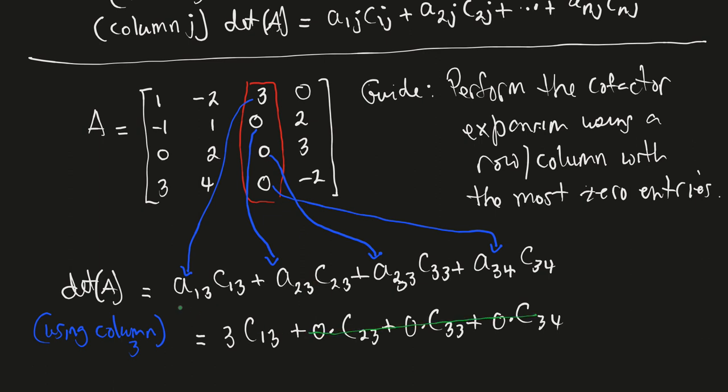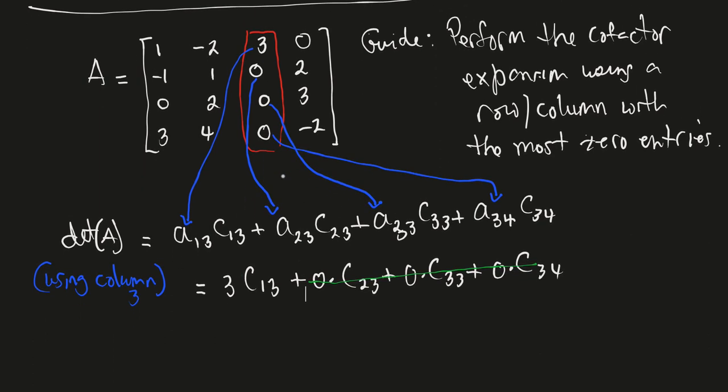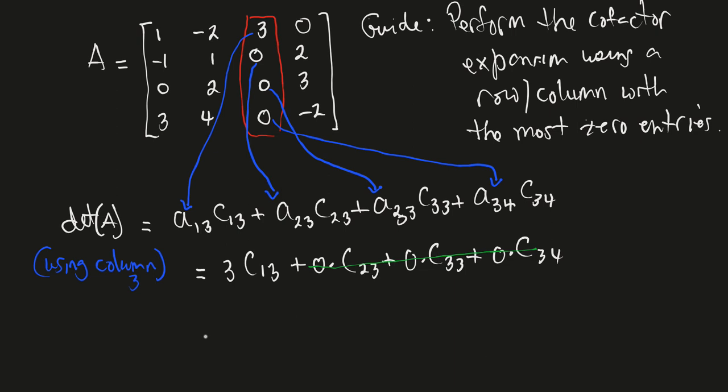So expanding using the third column just means I have one cofactor to compute, at least one of these. Now, again, we're going to have to continue breaking it down until we get to a point where we can use the formula for the 2 by 2s, but let's see what it looks like.